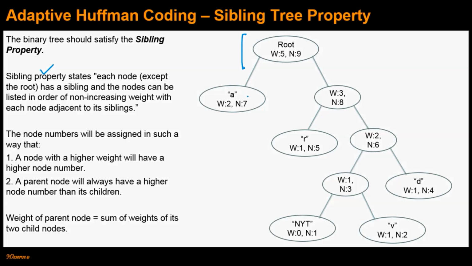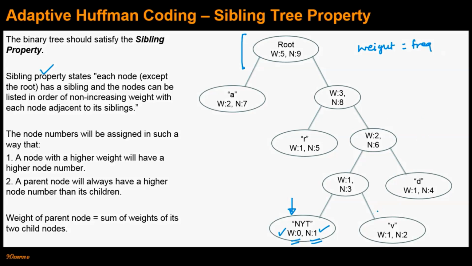Now let's take a closer look at this tree. If we look at any node, you can observe that it has a W part and an N part. The N part denotes the node number and W denotes the weight. The weight at any node is equal to the frequency of the input symbol that the node is representing.